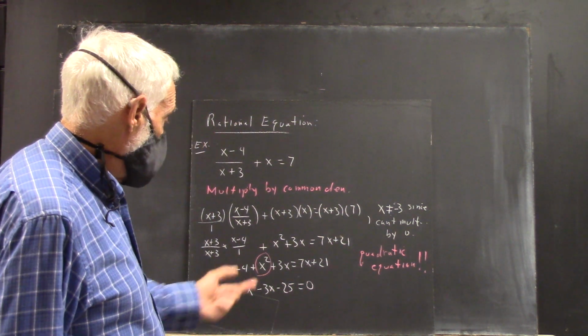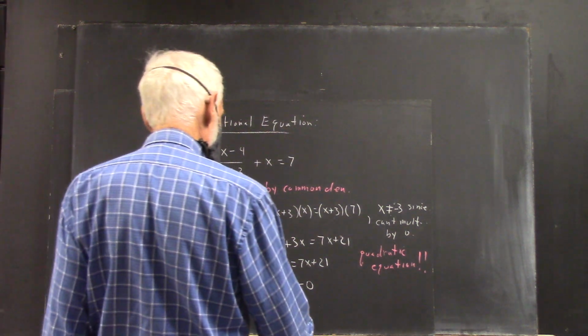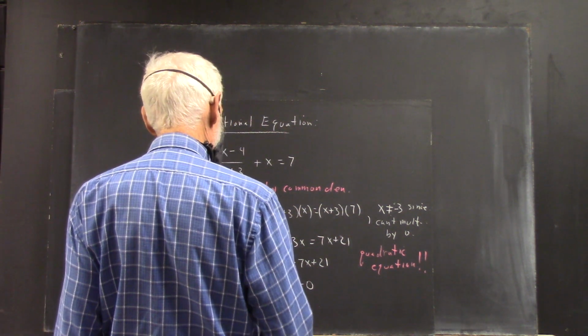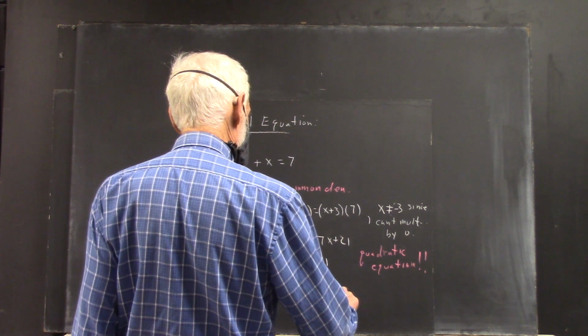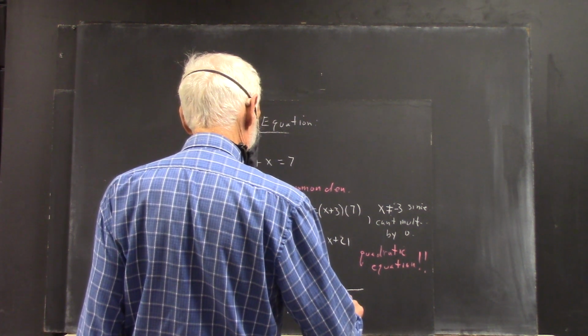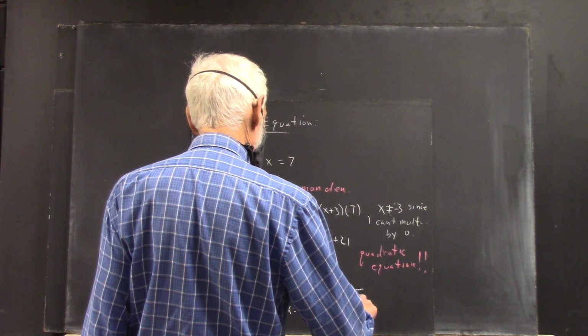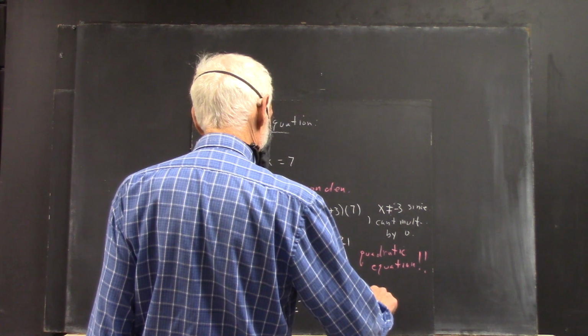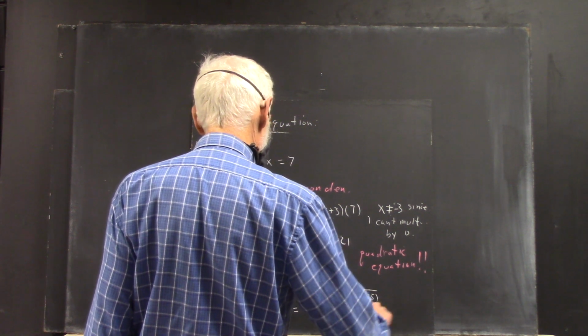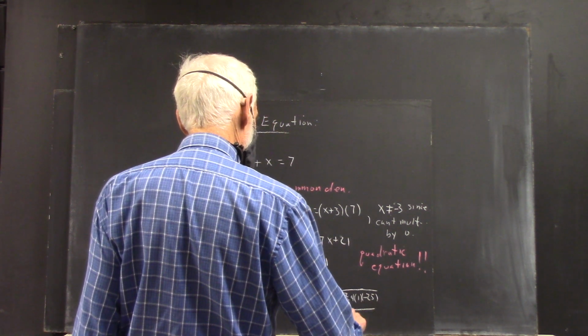You can't factor that. So x equals the negative of negative 3 plus or minus the square root of negative 3 squared minus 4 times 1 times negative 25, all over 2 times 1.